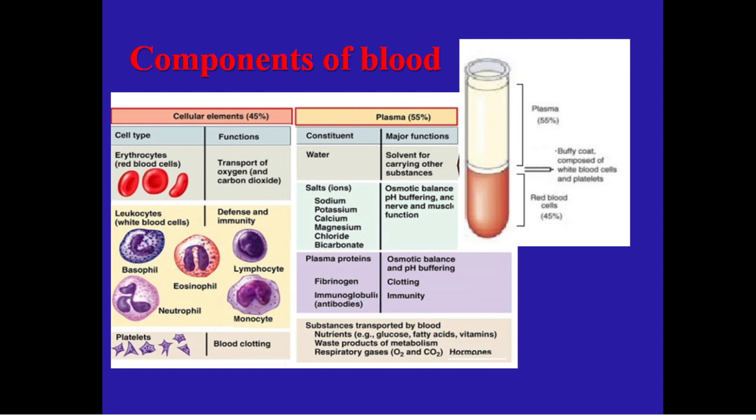Among them, as you know from histology, we have different types: neutrophils, eosinophils, monocytes and lymphocytes. And platelets, the main function of which is blood clotting.